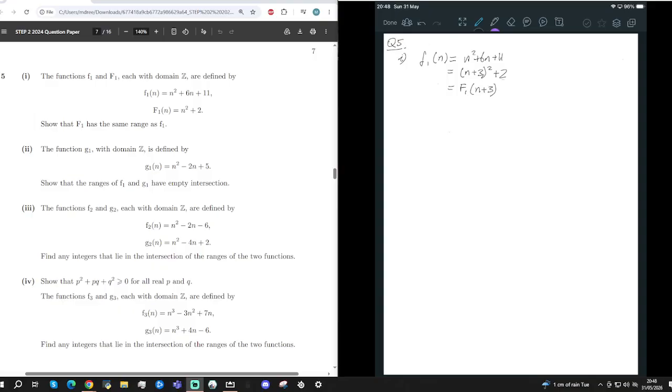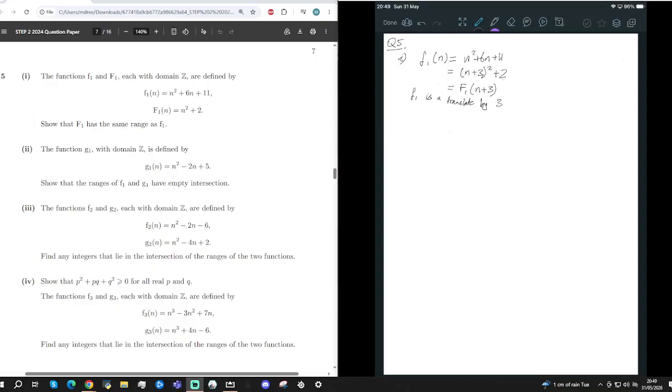So actually, little f1 is just a translation by an integer, and the integer is the important bit, of capital F1. And we should be really careful which way round we're saying this.